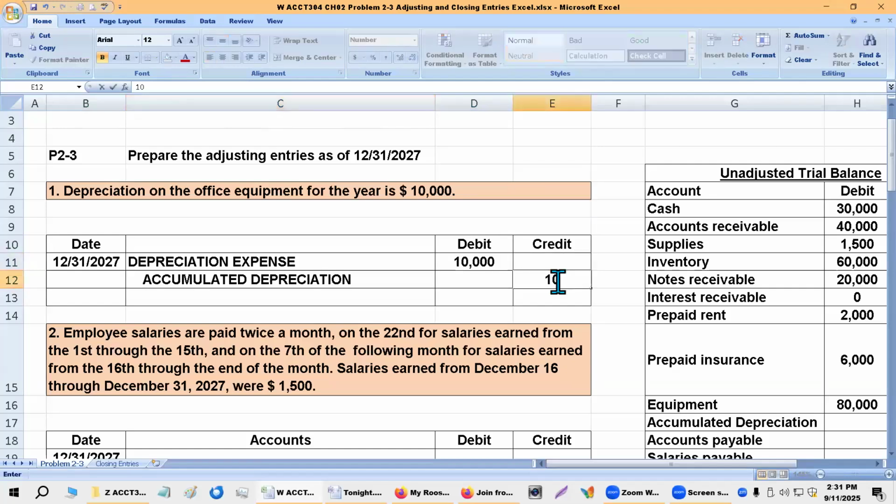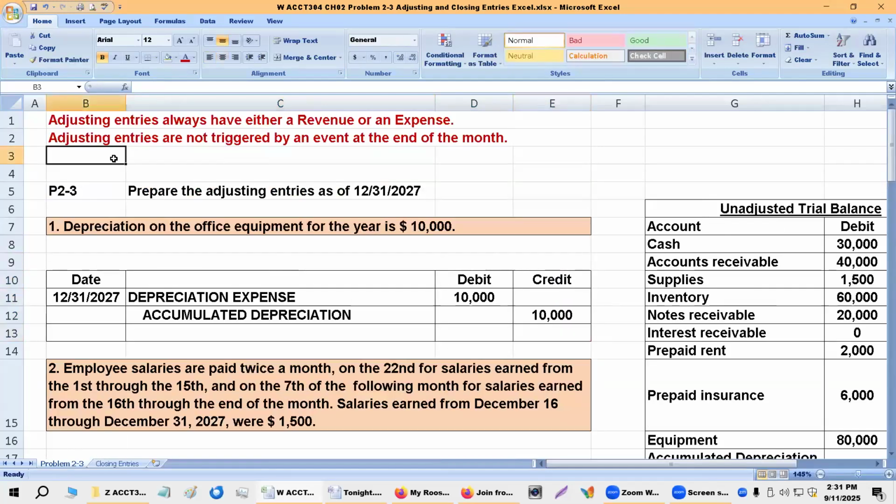I do have one more thing to put up here. Adjusting entries never have cash. So as we go through here, there's never going to be cash involved in any of these adjusting entries.